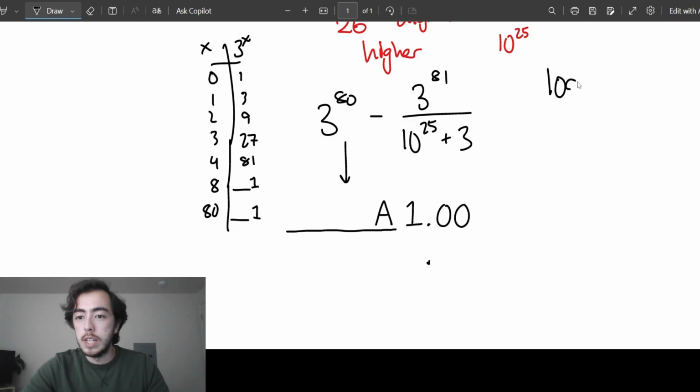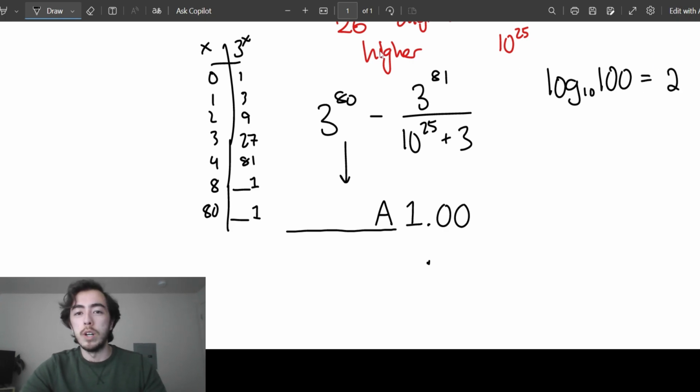And log base 10 actually helps detect the number of digits in a number really well. If we just use it on 100, log base 10 of 100 is 2. Of course, 100 doesn't have 2 digits, it has 3. And so to detect the amount of digits, I would need to add 1 at the end. And even if we tried a number like 999, log base 10 of 999 isn't going to hit 3 just yet.